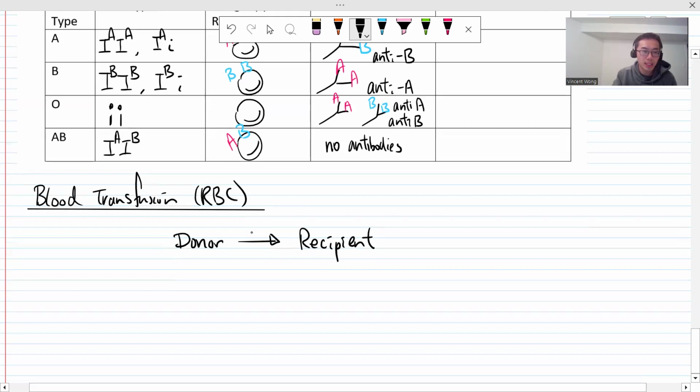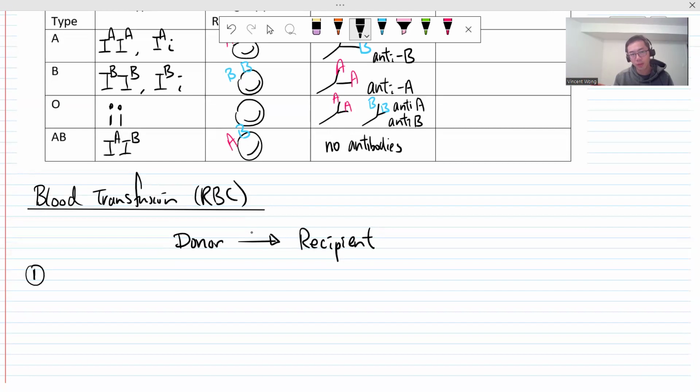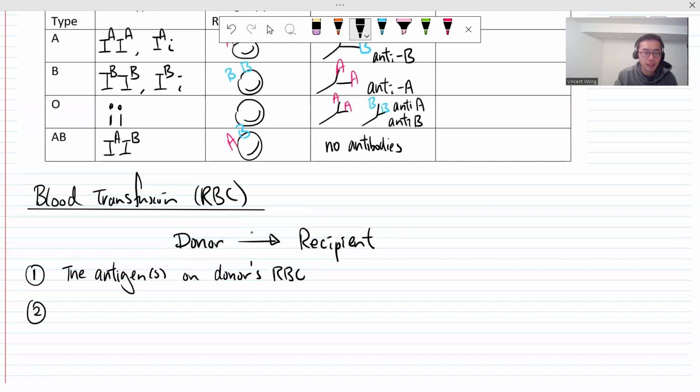There are three questions we need to ask ourselves. I'm going to go through the explanation with you first, and then I'm going to give you a shortcut, for those of you who don't want to think too much. Number one, we want to know the antigens on the donor's RBC. Number two, we need to know the antibodies in the recipient's plasma.